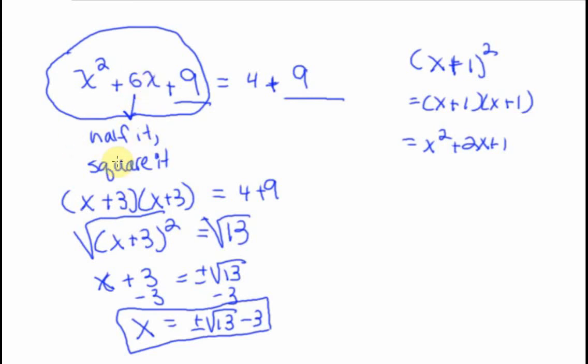So let's try one more of those before we call it a day. It doesn't matter what number I use. I could do one like this. Notice this time the only difference is this number is in the way. So we know how to move it out of the way though. We'll add 3 to both sides.